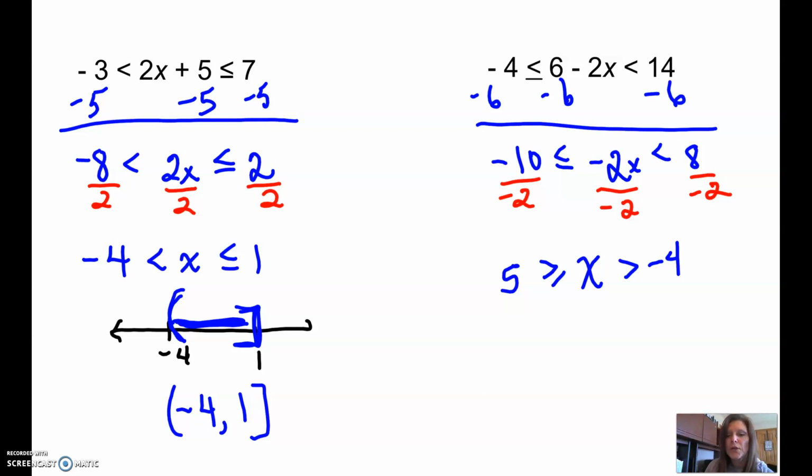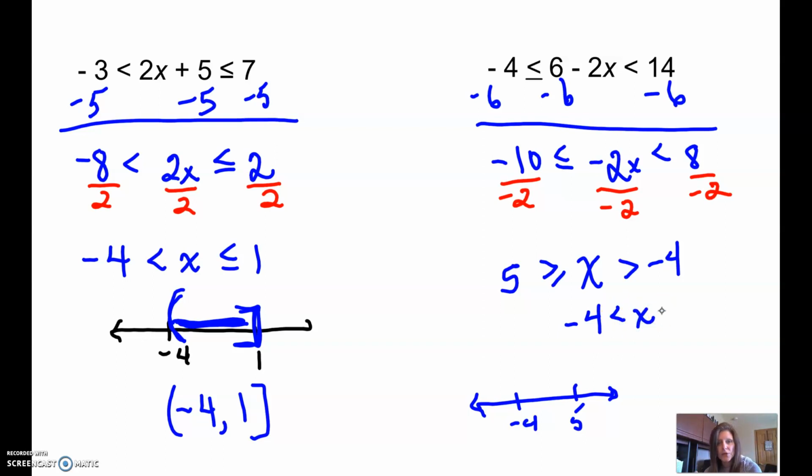So if you were going to be graphing this, you would see the -4 before you'd see the 5, right? So we want to rewrite our inequality in that format. I want to start with the -4. Okay, so I'm reading it backwards. If x is greater than the -4, that means -4 is less than the x.